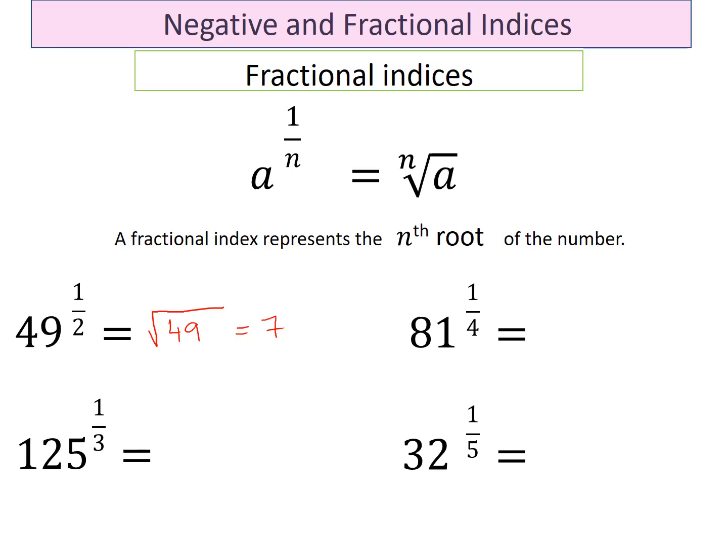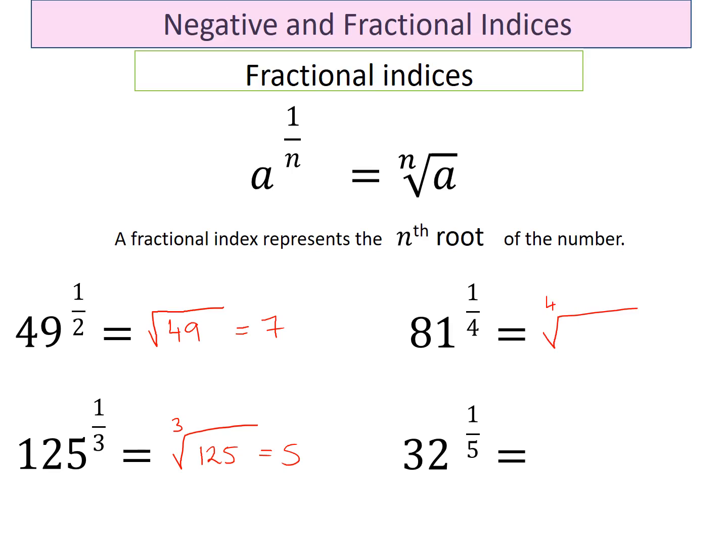In the next example, I have a power of a third. So I have 125 to the power of a third, and a power of a third is equivalent to the cube root. So I need to work out the cube root of 125, and that is 5. In the next example, I've got a quarter, and a quarter is equivalent to the fourth root.